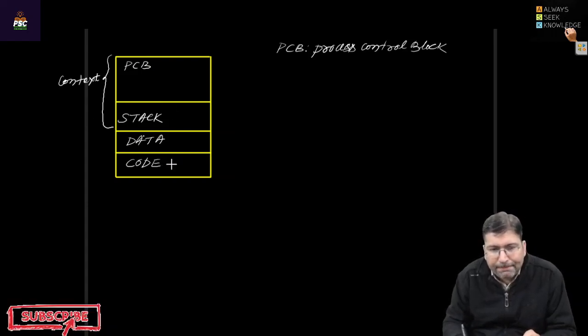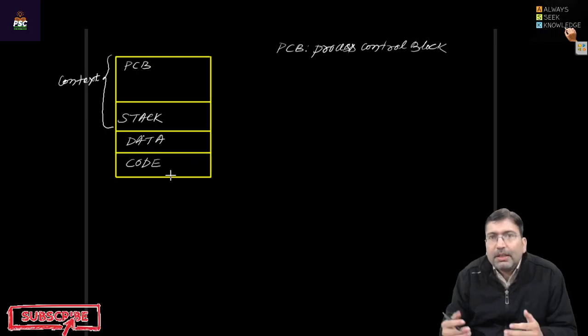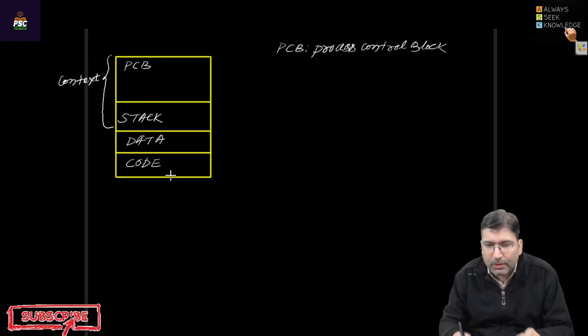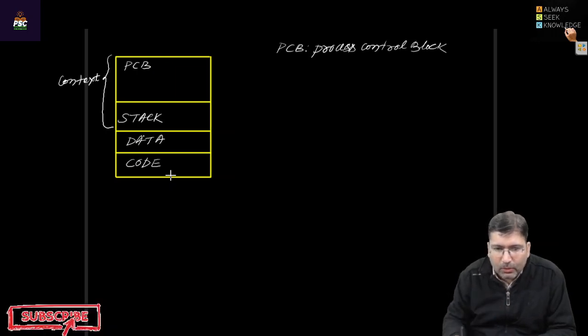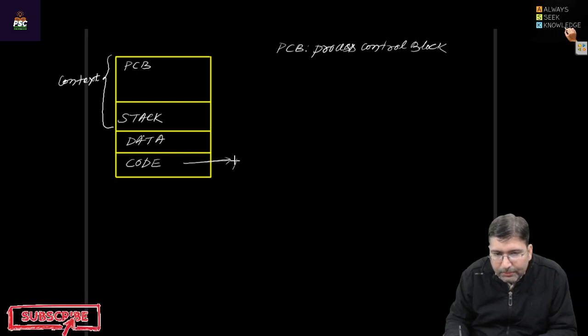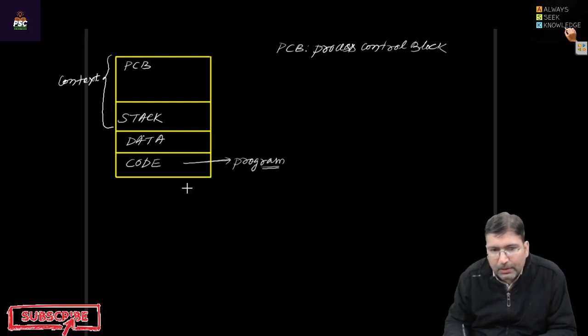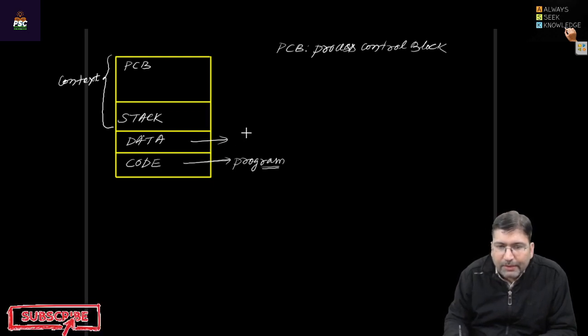Now, what is the data and what is the code? Code is the actual program or set of instructions. Those are loaded inside the memory, as I told you in the previous case, like assembly code. So that is the code. I say that this is the program or instructions of the program. Now, what is data?